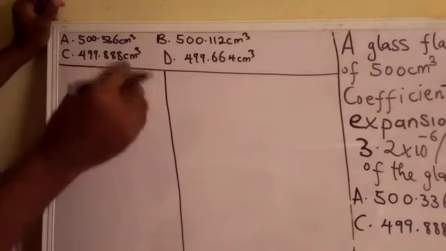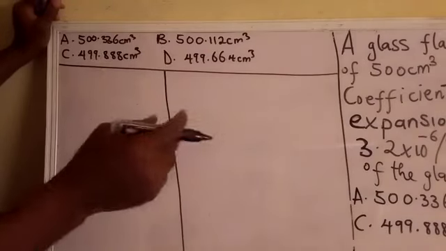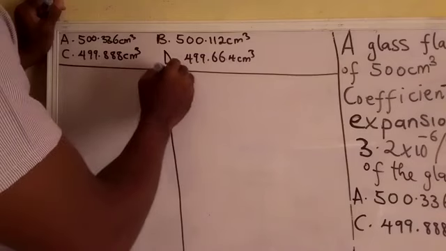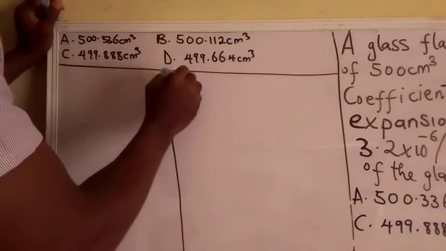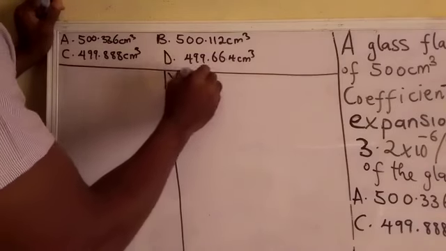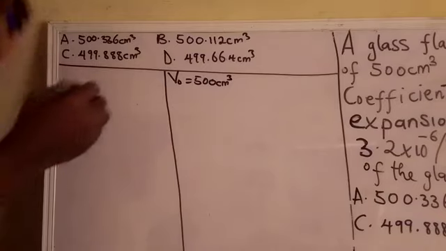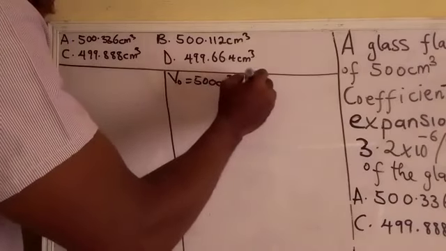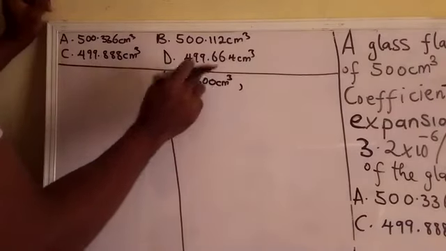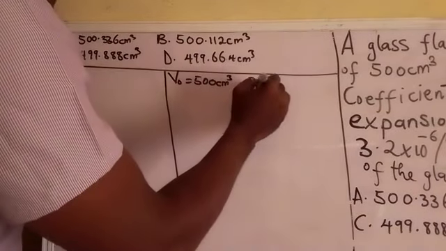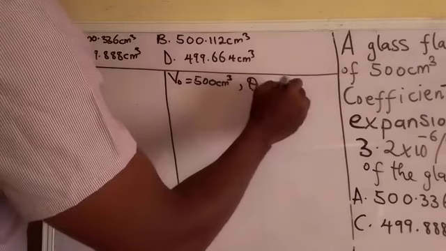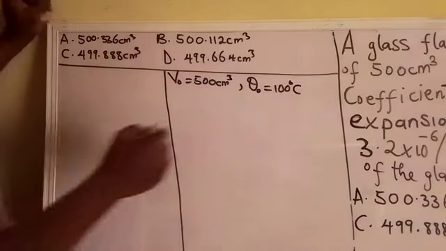We're told that this glass flask, of course that's a solid, right? The volume at the beginning, let's say that is V subscript 0, was 500 cm³. And the temperature at this point, let's call it theta subscript 0, was 100 degrees Celsius.